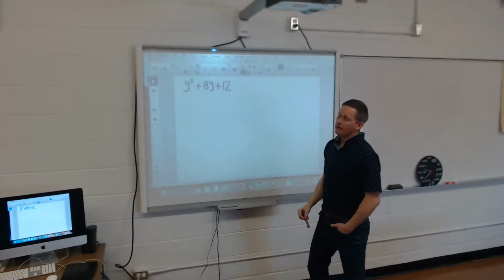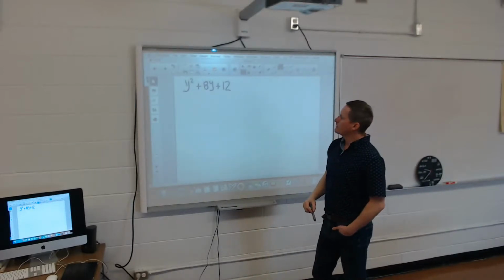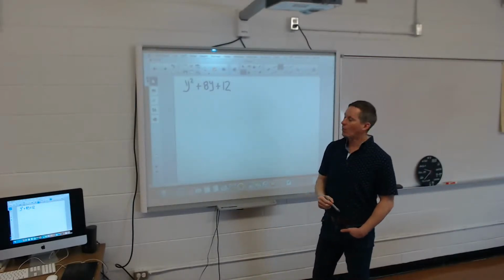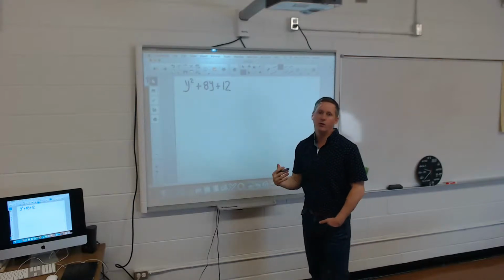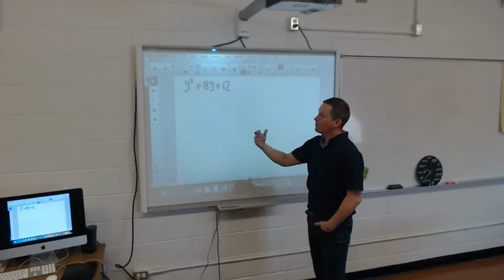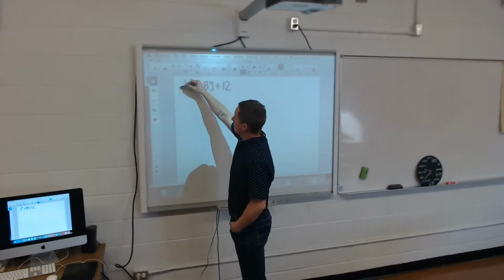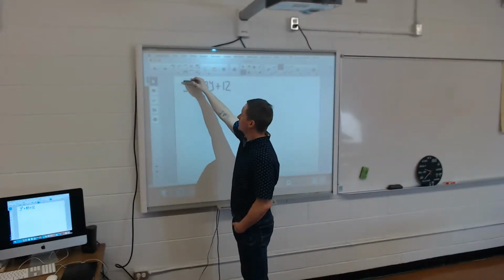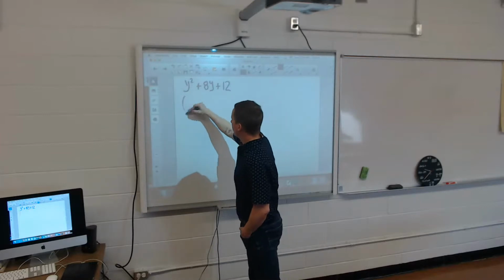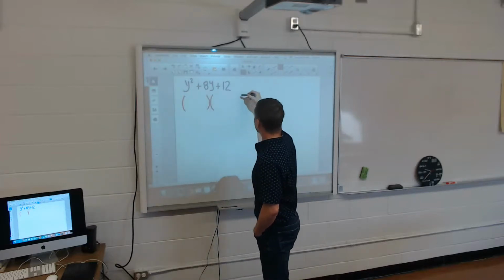All right. So I need to factor this. So what I'm going to do is I'm going to show you the quicker, more efficient way of doing this. When I don't have a value here, well, I have a value of 1 as my coefficient. I do this. I put 2 sets of brackets now.